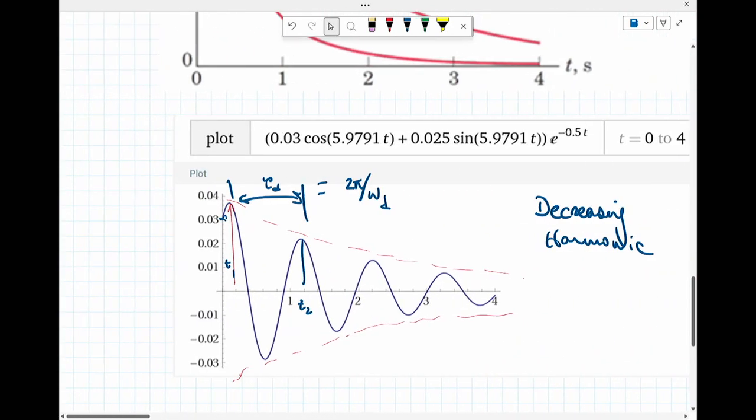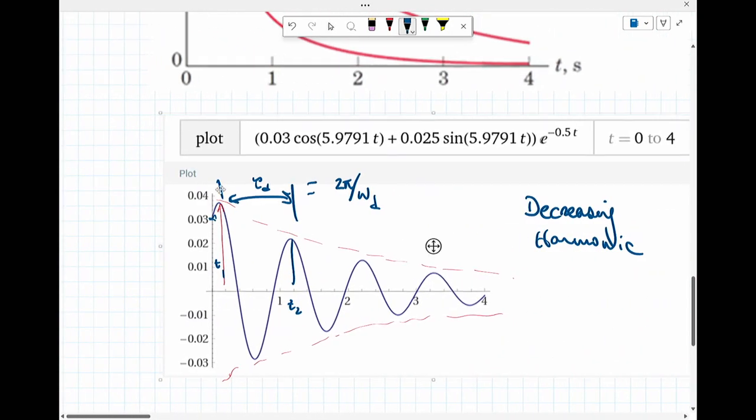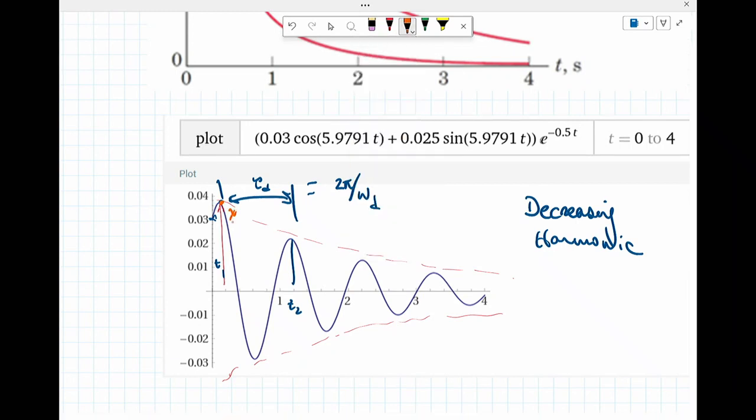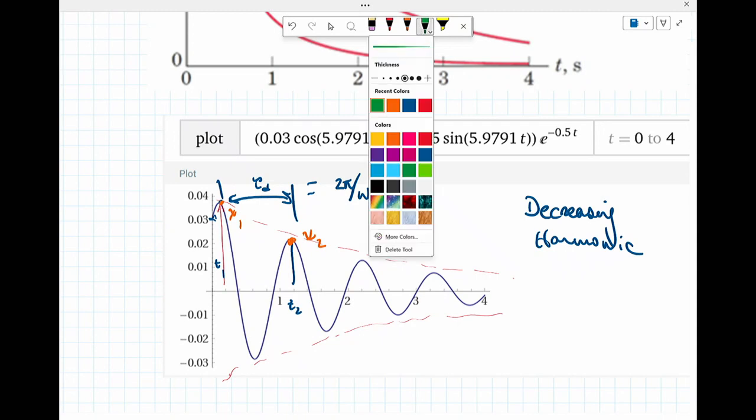So if I look at the value of x1, x2 along this curve, I can create a ratio between the two.